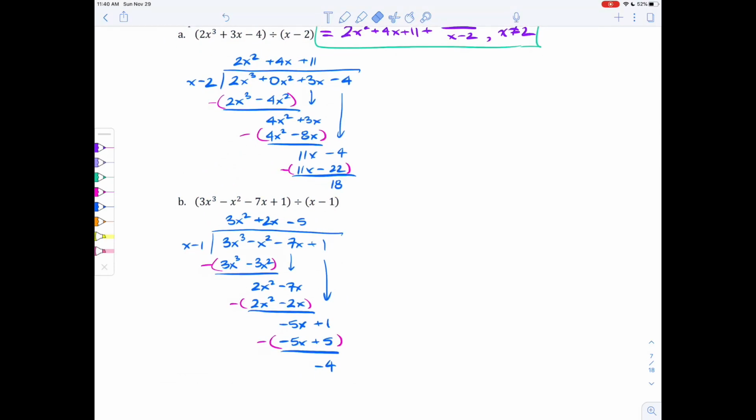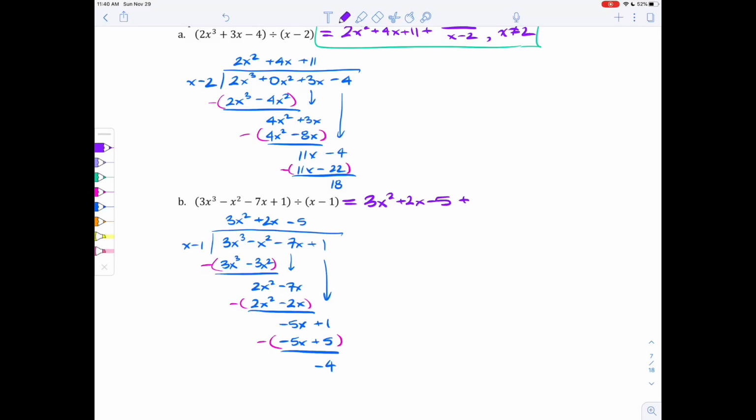So when stating my final answer here, I'm going to say that 3x cubed minus x squared minus 7x plus 1 divided by x minus 1 is equal to this quotient part, which is 3x squared plus 2x minus 5. And then we're going to be tacking on this remainder.